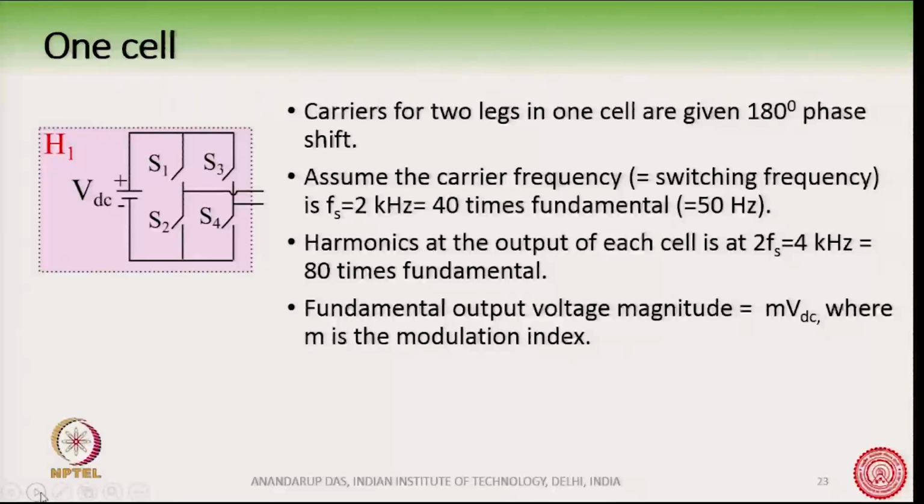Okay. So, this is one cell here, and as we have also seen earlier, for the output voltage from one cell, what we can do is that the carriers for the two legs in one cell are given 180 degree phase shift, which means that the carriers for S1 and S2 and the carriers for S3 and S4 are given 180 degree phase shift.